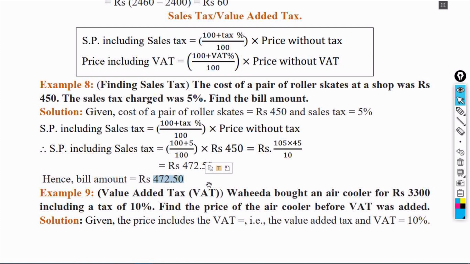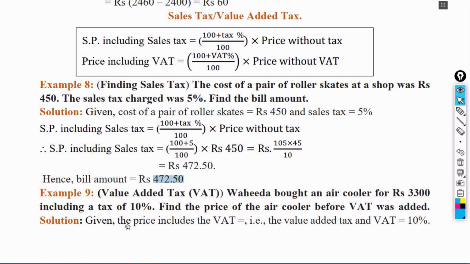Similarly, let us see example number 9, that is from the VAT. Here Wahida bought an air conditioner for rupees 3,300 including a tax of 10%. Find the price of the air cooler before VAT was added.